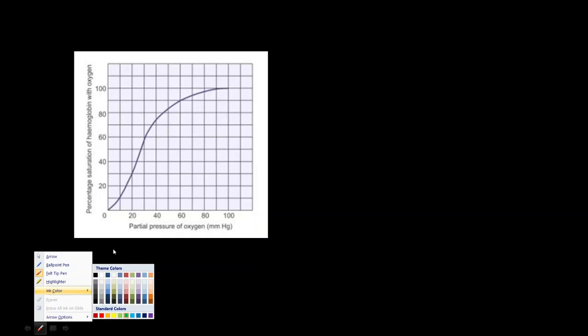Okay, so in order to understand this curve, first understand that this is the y-axis and this is the x-axis, of course, right? On the x-axis we have the partial pressure of oxygen, increasing per mmHg of blood, and here the percentage saturation of hemoglobin with oxygen is increasing, like 20, 40, 60, 80 and 100%, right?